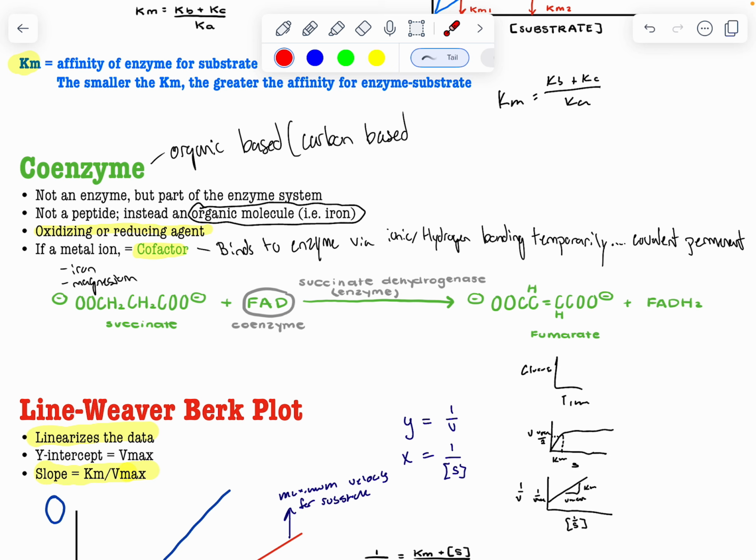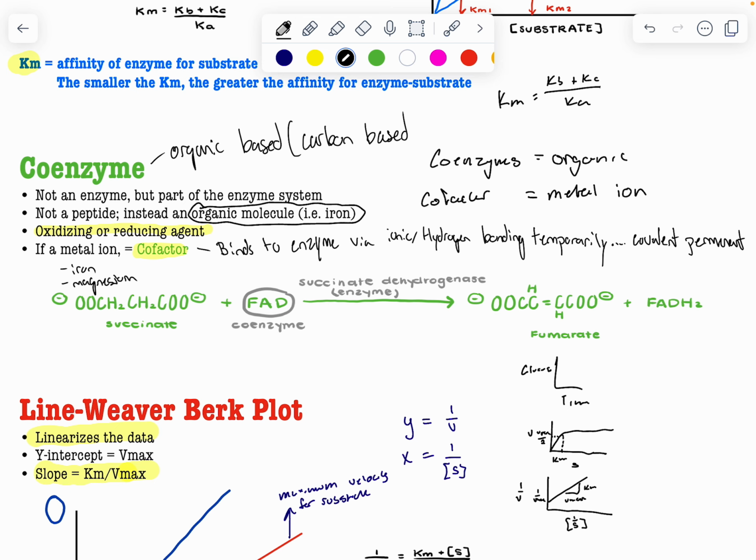So coenzymes equal organic, like down at Whole Foods, or if we want to refer to it as a cofactor, it is telltaled by a metal ion. Good differentiation to make right there. Besides that, that's just going to be some terminology we need to use. And honestly, we might talk about it in a little bit.